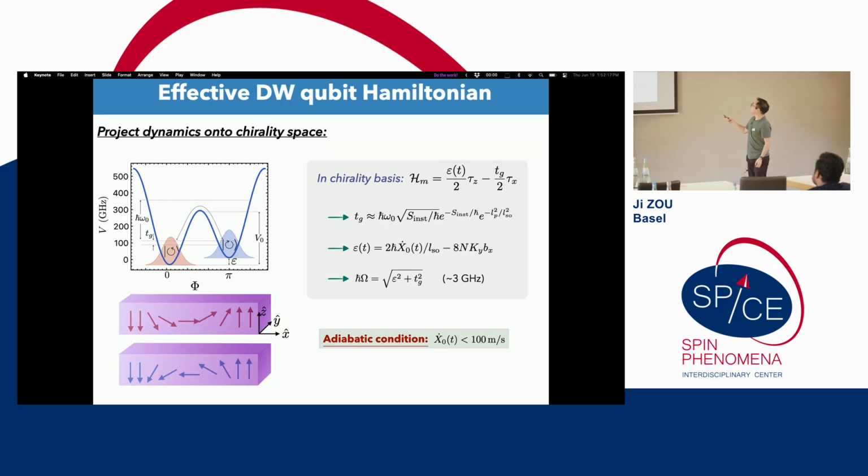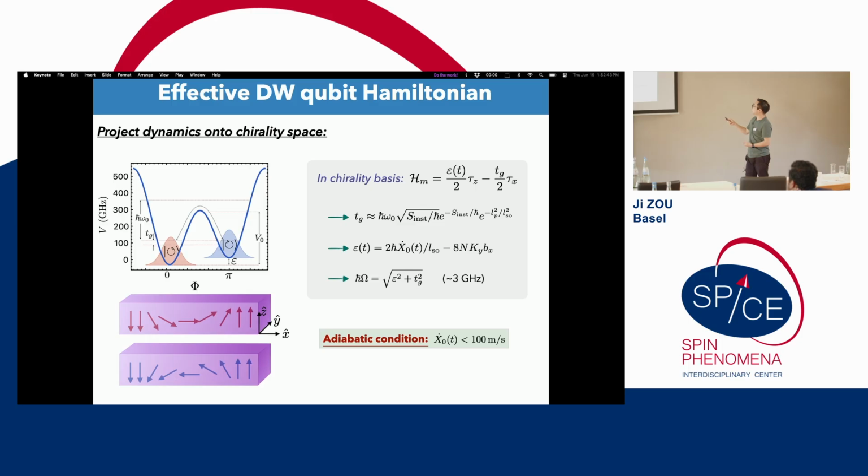Okay, so we have this tau x, which simply describes the tunneling rate between these two chirality states. And as you can see, this part may be familiar to you. This is just the standard tunneling rate from the instanton calculation that you can find in a textbook. And importantly, I want to point out that there's another renormalization factor due to this spin-orbit coupling.